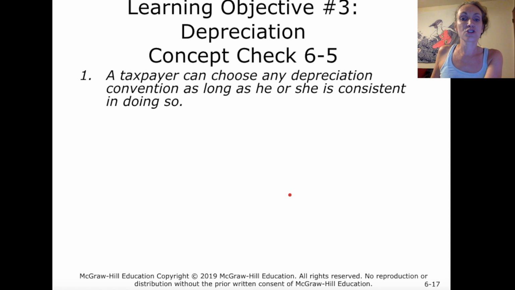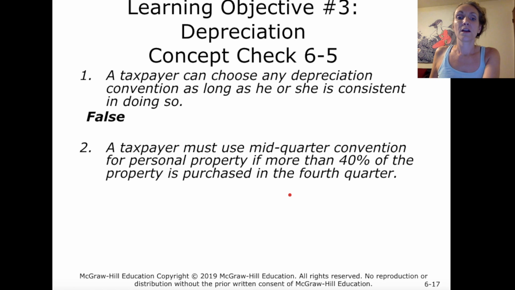A taxpayer can choose any depreciation convention as long as he or she is consistent in doing so. I just explained how the conventions apply, so that's false. A taxpayer must use mid-quarter convention for personal property if more than 40% of the property is purchased in the fourth quarter. Well, good thing I explained that, right?